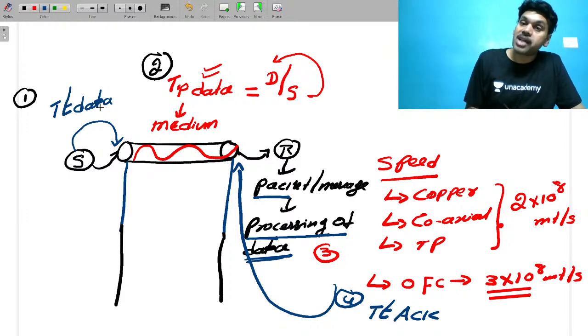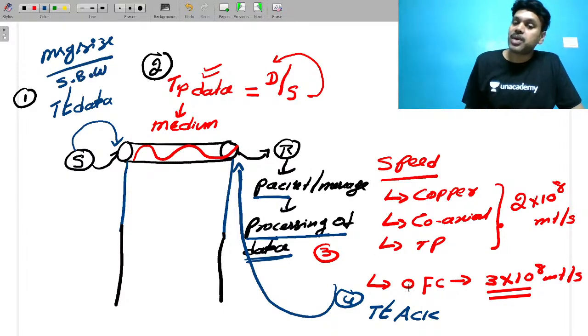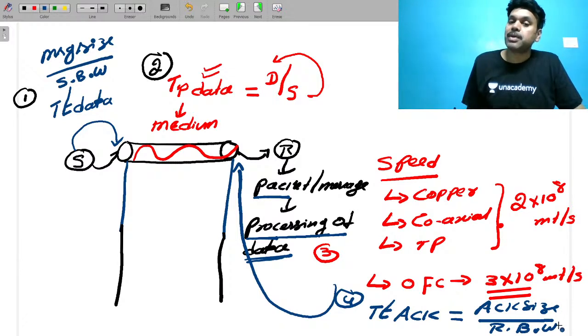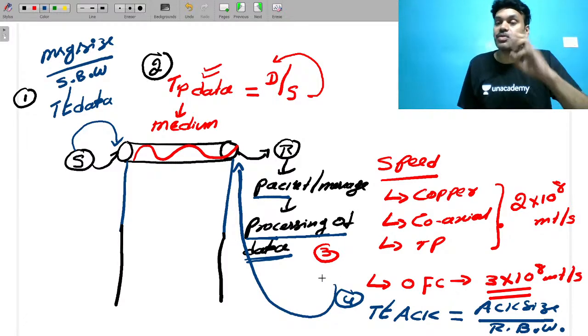Please understand, transmission time of data depends on your data size divided by the sender's bandwidth. And here, transmission time of acknowledgement is your acknowledgement size divided by the other party's bandwidth, which is nothing but the receiver bandwidth.